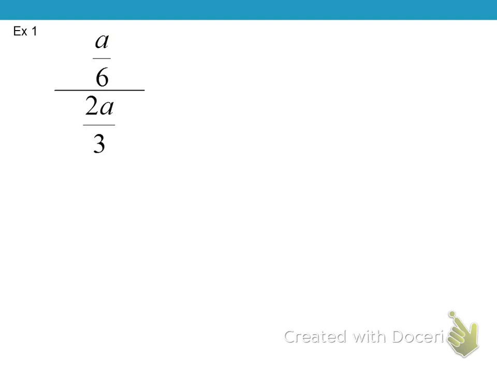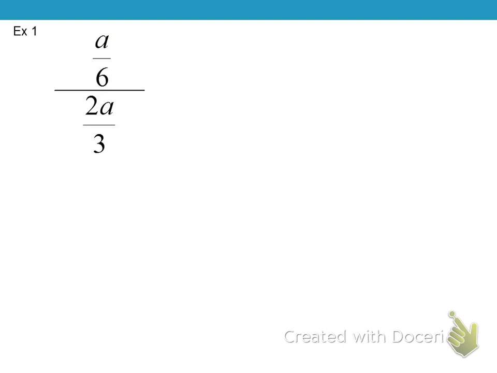All right, so here's example 1. In your packets, there's a little bit more information. There are 4 steps to doing it. It says steps for simplifying complex fractions. We call these complex fractions because they're fractions within a fraction, or 2 fractions within a fraction. The first thing you want to do is split the big fraction into a division problem.